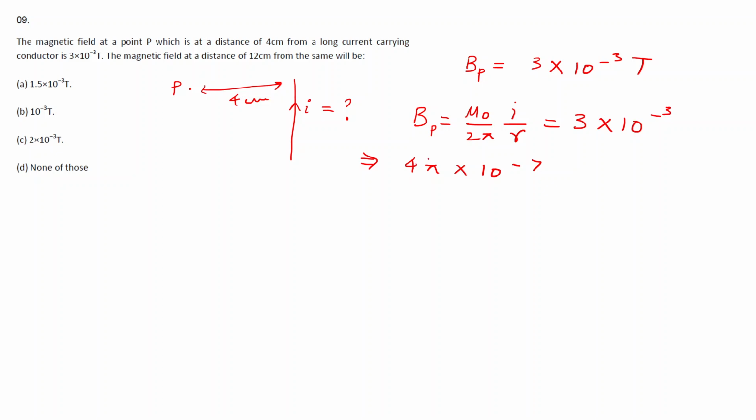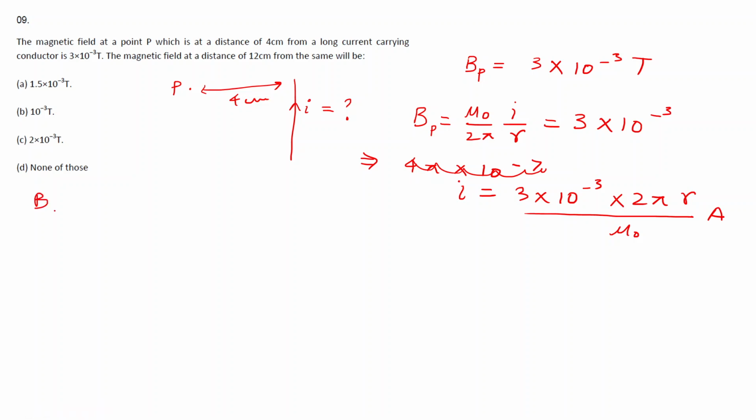Let me just find out what will be the value of current from here. The current will be 3 times 10 to the power minus 3 times 2 pi times r divided by mu naught. This will be the current.